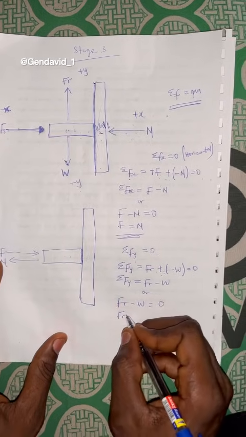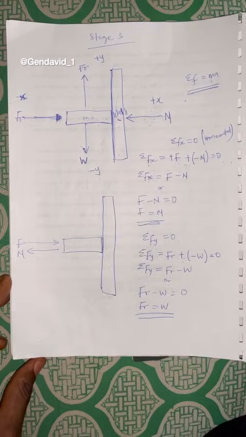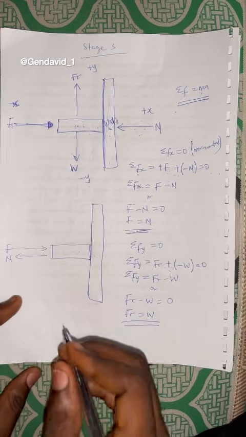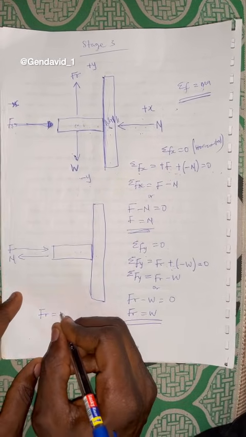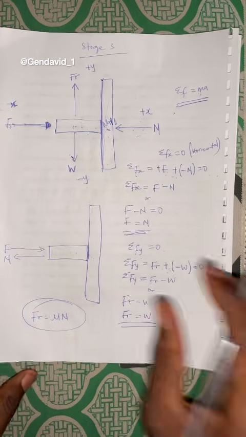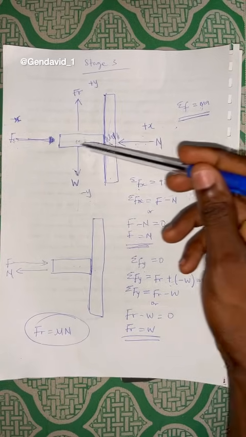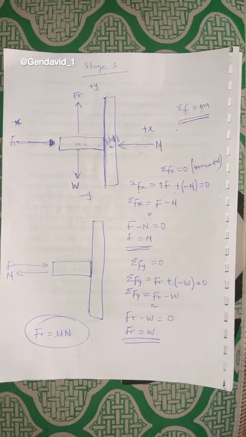And finally, I have Fr equal to W. But with this explanation, don't forget that the formula for the frictional force still says coefficient of friction multiplied by the normal.